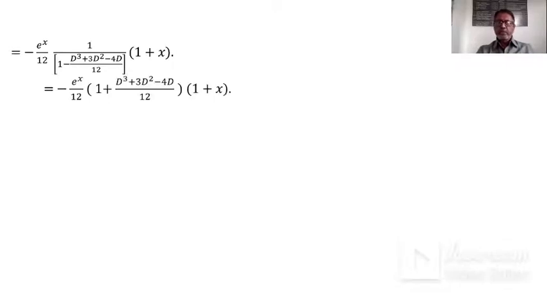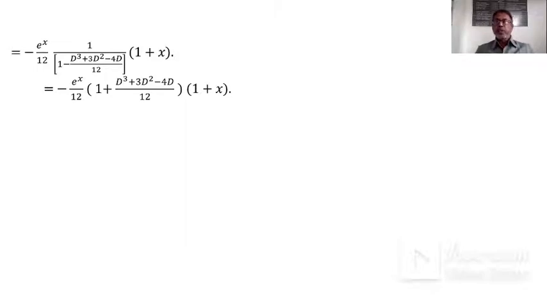Using that, the expansion of this is equal to minus e to the power x upon 12, times 1 plus alpha, that is (d cube plus 3d square minus 4d upon 12), plus alpha square, that is (d cube plus 3d square minus 4d upon 12) whole square.